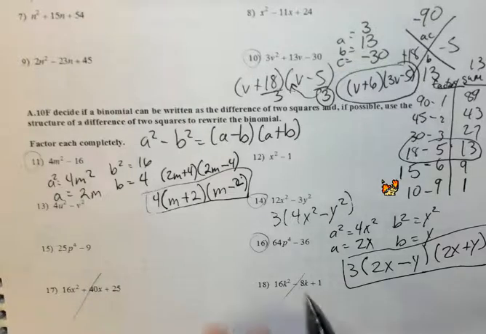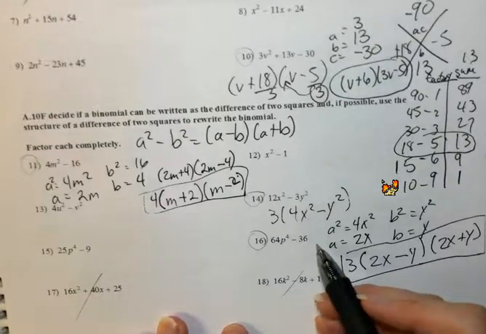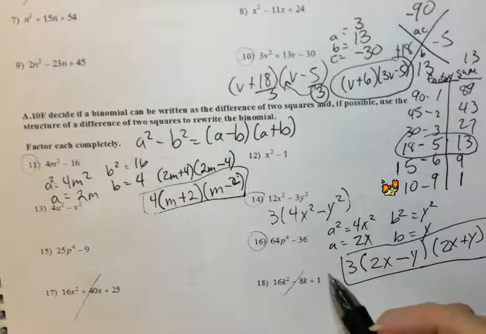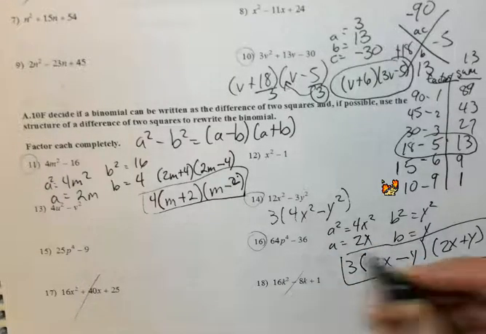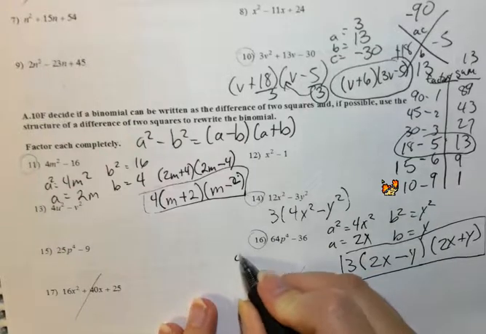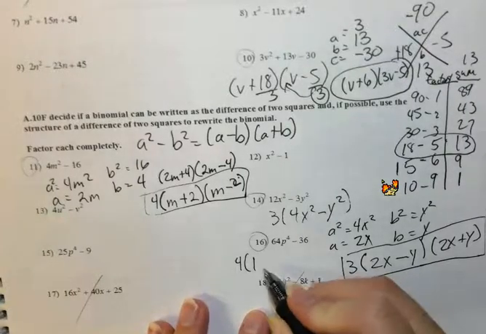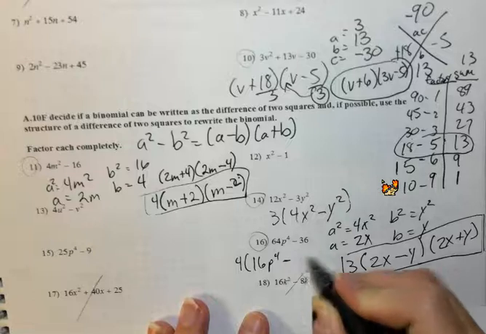And then number 16, we have 64p to the 4th power minus 36. Looks like we could take out a 4. 64 divided by 4 is 16, p to the 4th, and minus 9.